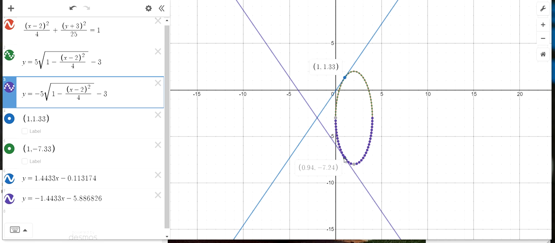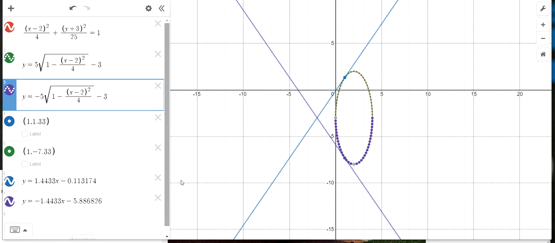Anyway, that's the point of intersection.